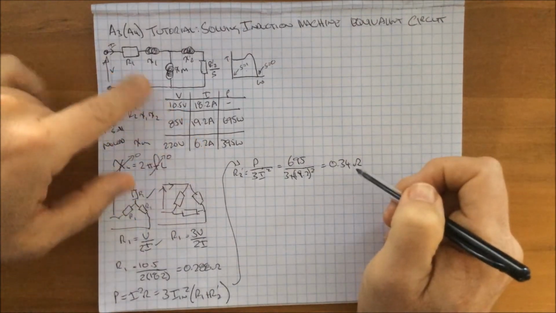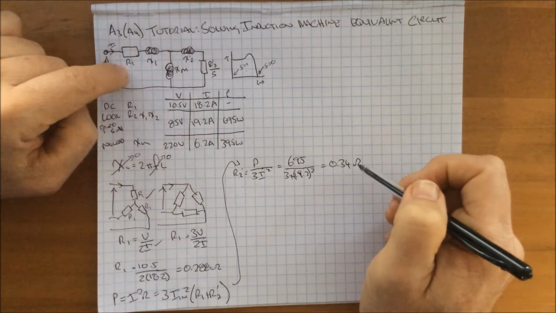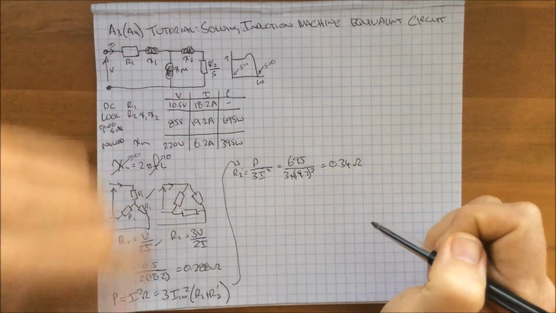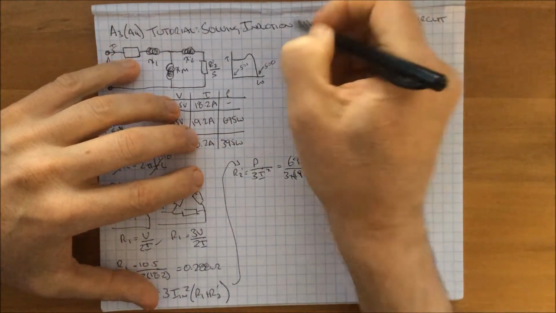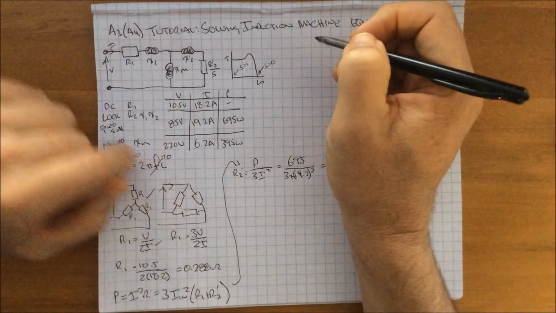Now that we've found R1 and R2, we now need to move on to the next ones here. And the next one to try and find is X1 and X2. So, how do we find X1 and X2?